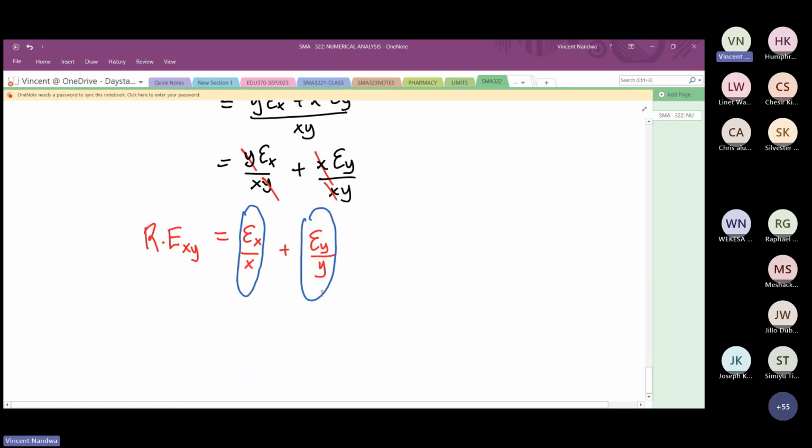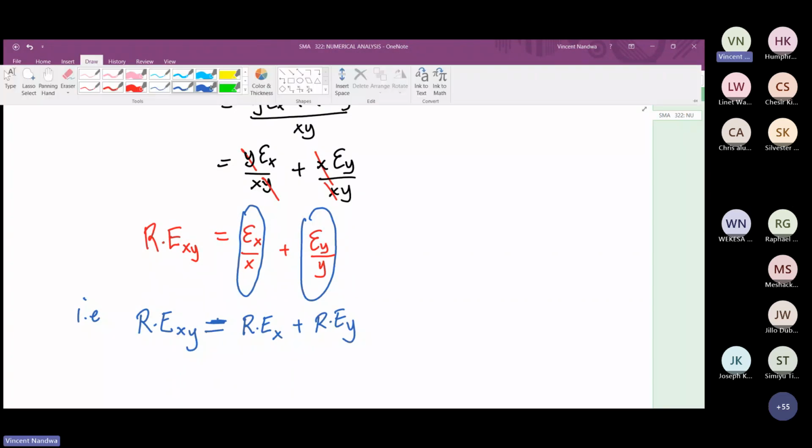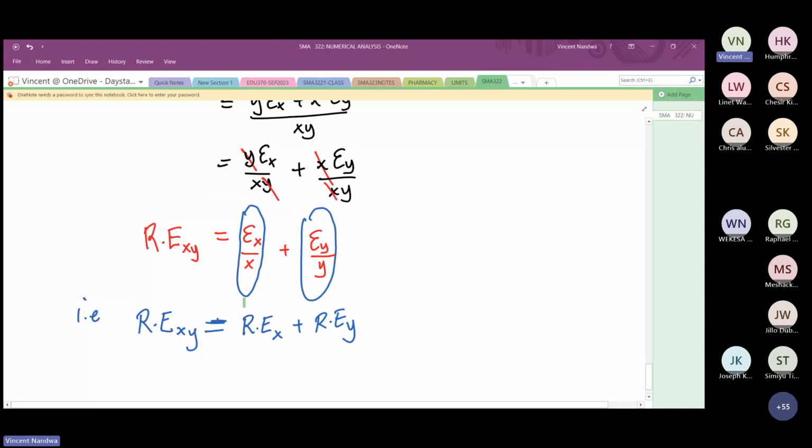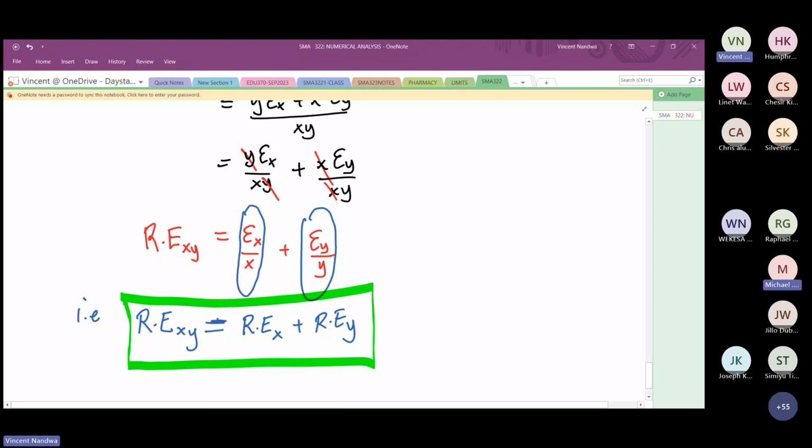So we are saying that the relative error in x times y is nothing but the relative error in x plus the relative error in y. So take this seriously. We may ask you to show that the relative error in the product of two quantities x and y is approximated as the sum of the relative errors of the two quantities. You may get some 2 or 3 marks there.